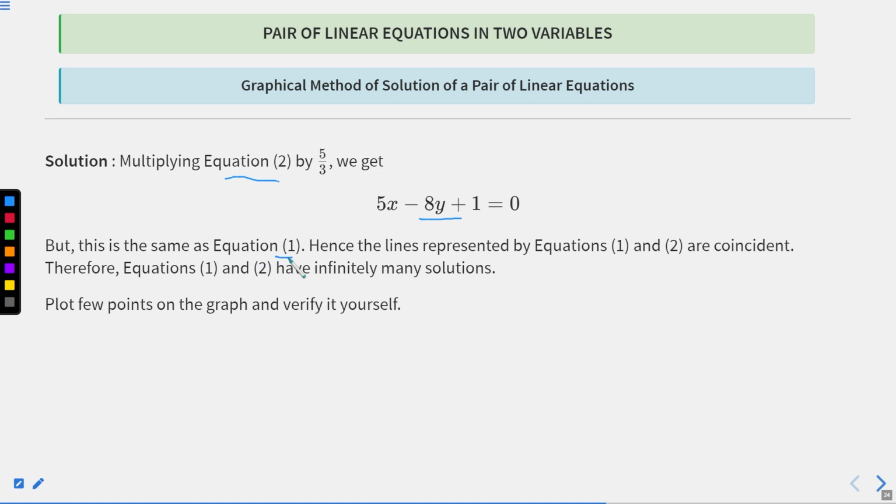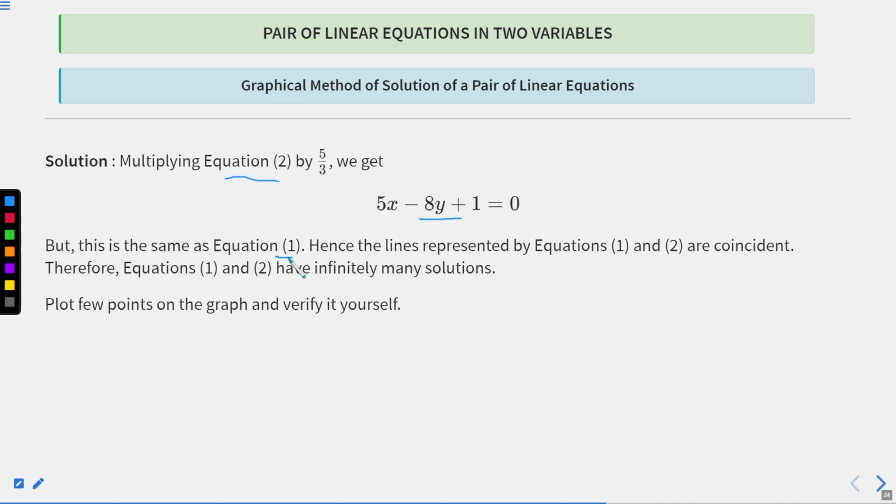In equation 1 we have given 5x minus 8y plus 1 is equal to 0, and after multiplying equation 2 by 5 by 3, we also get the equation 5x minus 8y plus 1 equal to 0.